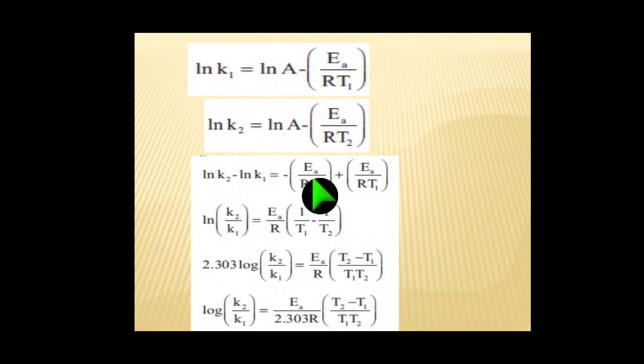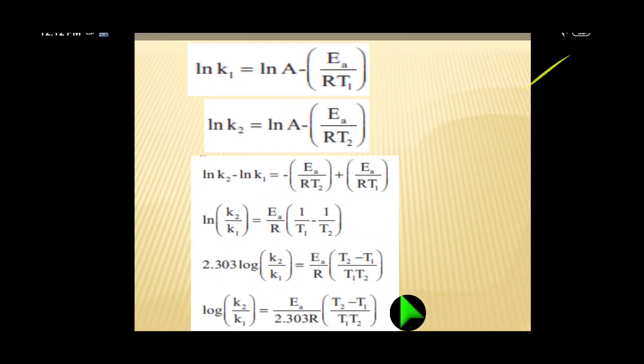So ln k2 - ln k1 = ln A cancels, then -Ea/RT2 + Ea/RT1. So ln(k2/k1) = Ea/R (1/T1 - 1/T2). Since ln = 2.303 log, substitute here: 2.303 log(k2/k1) = Ea/R (T2 - T1)/(T1 T2). So log(k2/k1) = Ea (T2 - T1) / (2.303 R T1 T2).